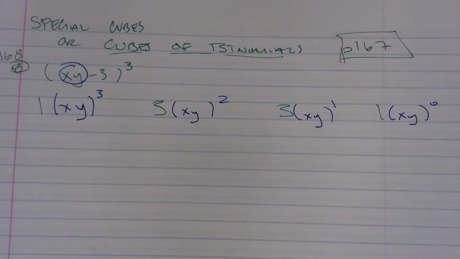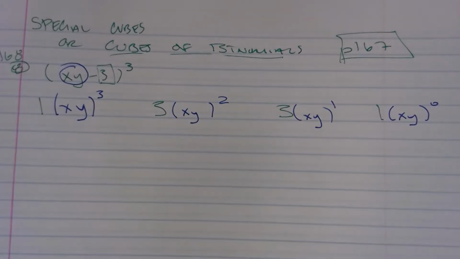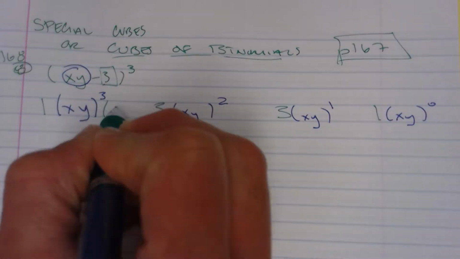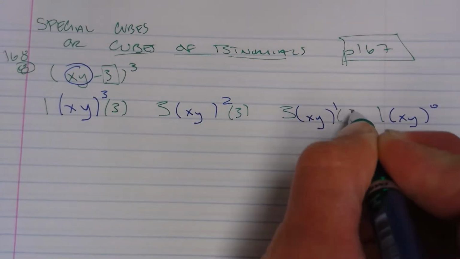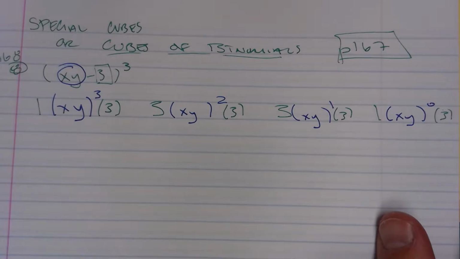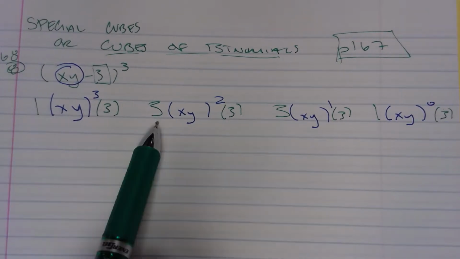And now you take your last term, which is the 3, and you put it in parentheses after the first term, which was the xy. So we had the 1, 3, 3, 1.